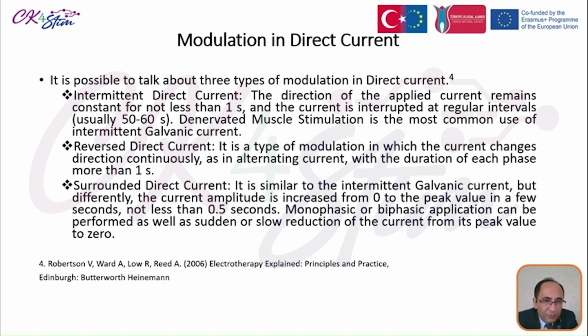But the difference from intermittent galvanic current is the current amplitude is increased from 0 to the peak value in a few seconds, not less than 0.5 seconds. It may be in monophasic or biphasic application. There will be a sudden or slow reduction of the current from its peak value to zero.